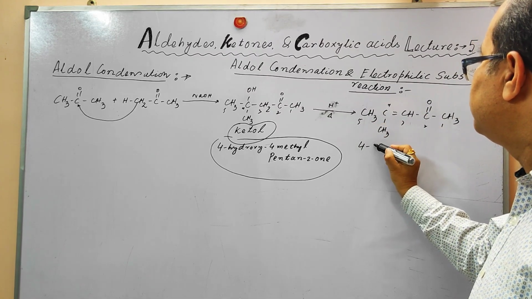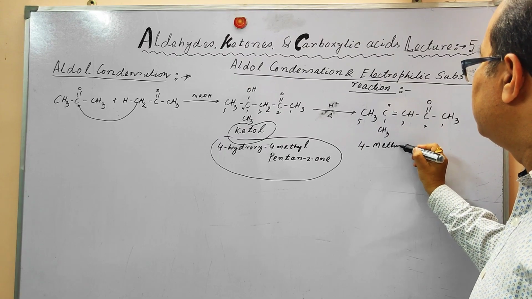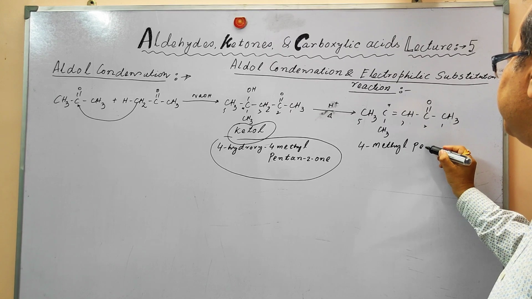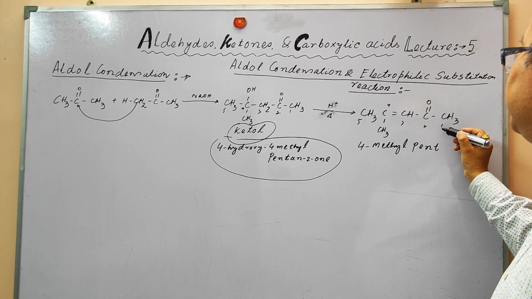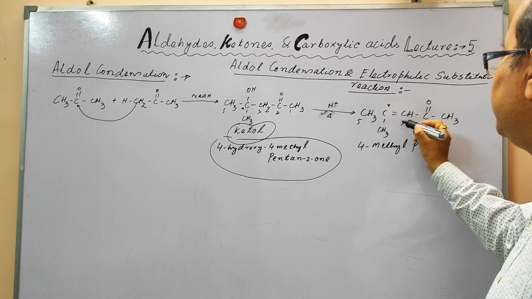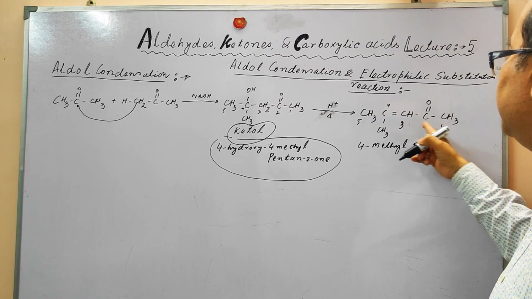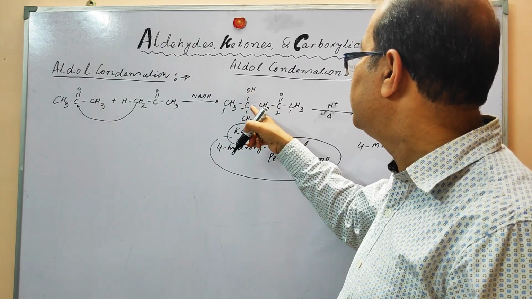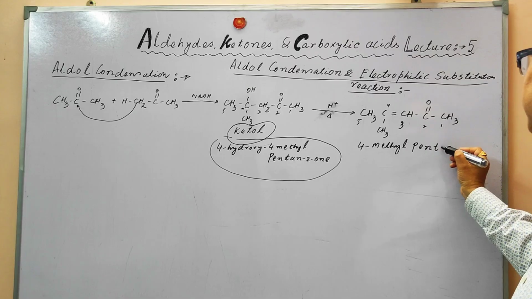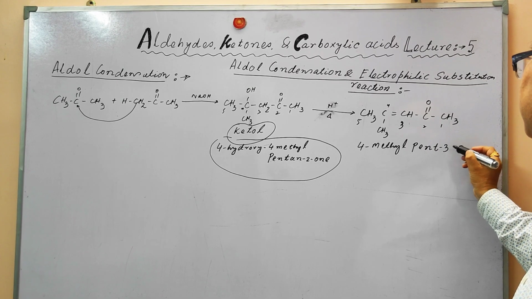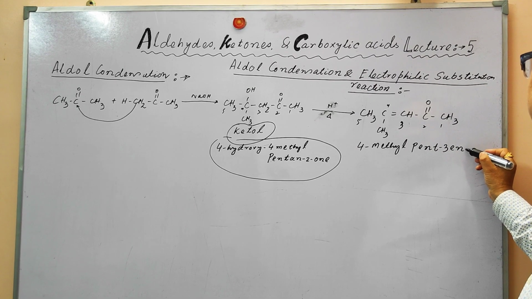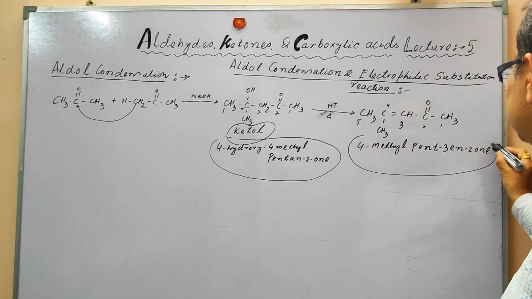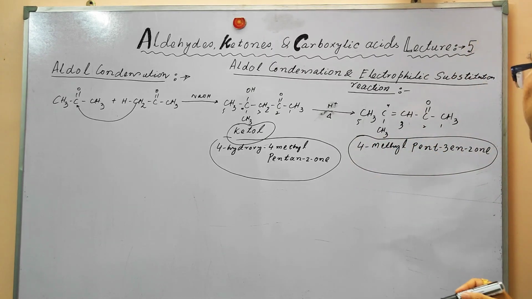So we write 4-methyl pent-3-en-2-one. That is the name of this aldol condensation product.